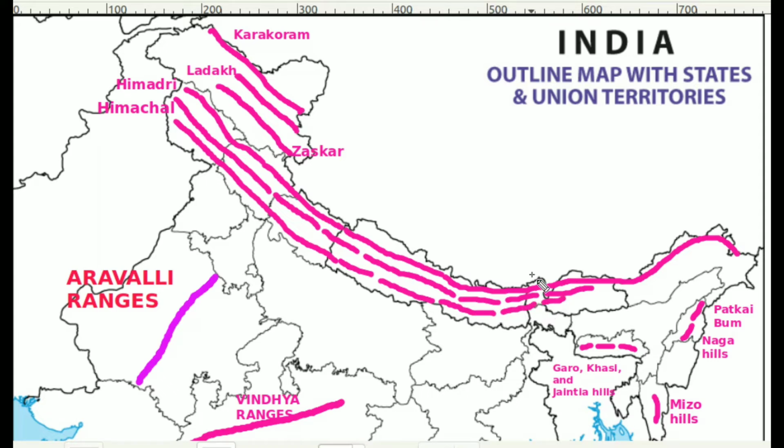Okay, now we have completed the marking of northern mountain regions. This is Himalaya. Trans-Himalayas, Himalayas and Eastern Highlands are over.